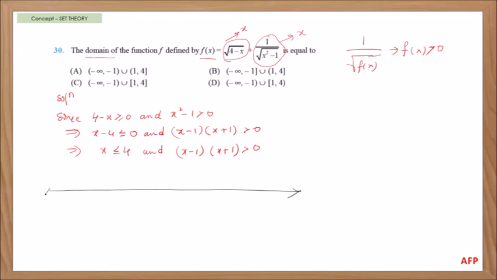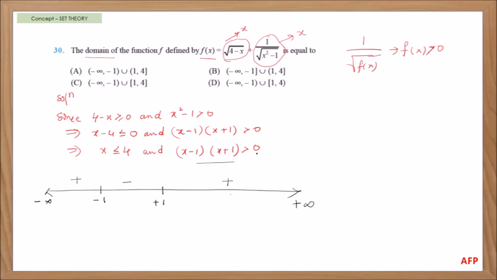This is the number line we are having. We will mark these points: minus 1, plus 1, plus 4, with positive infinity and negative infinity. On the extreme right-hand side you can see plus sign, then minus, then plus for this inequality.